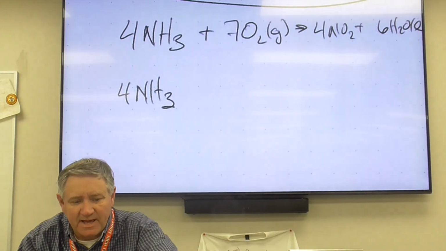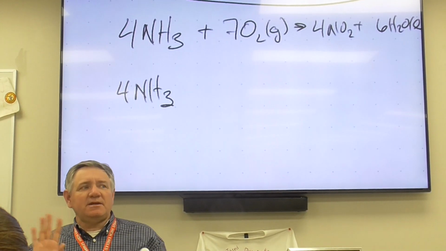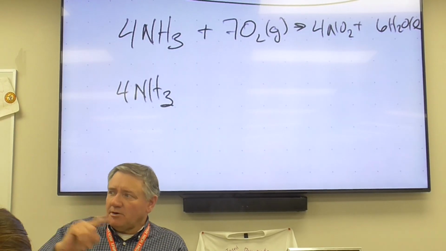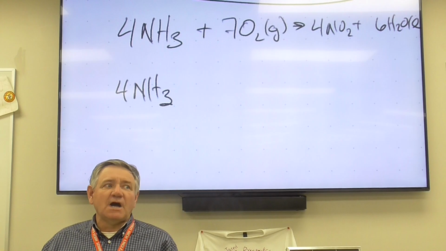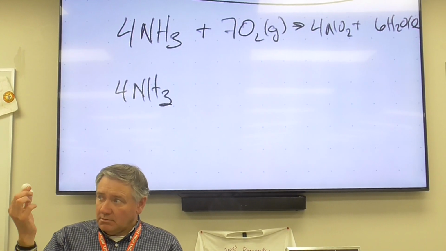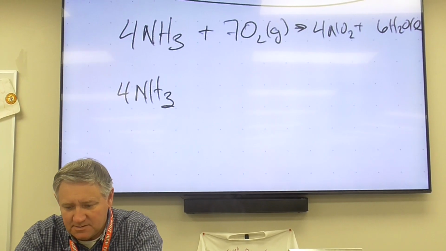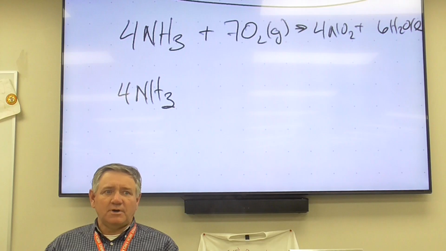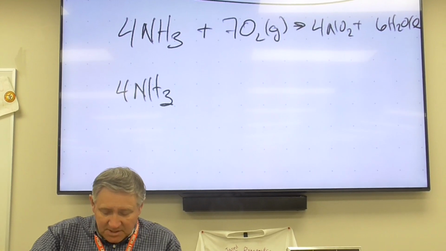So in other words, here's ammonia, I'm going to give you 4 of these, and I want you to break it down into its elemental forms. So what are the elemental forms when you decompose ammonia? Do not make this difficult. Hydrogen and nitrogen. You're going to get H2 and N2, right? The elemental forms. You're going to get nitrogen gas and hydrogen gas.